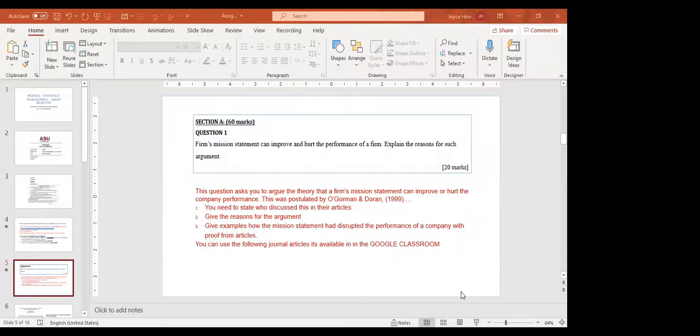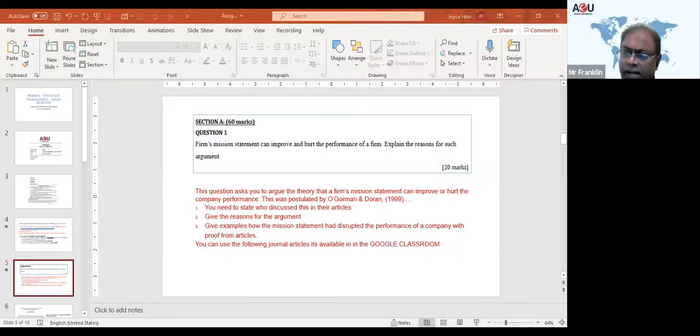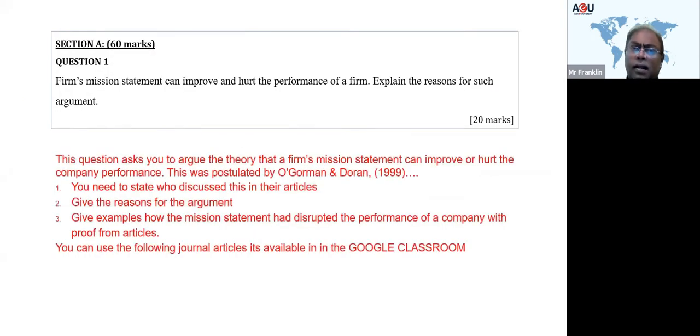All right. Thanks. So now let's look at this question, how you go about doing this question. Question one is: a firm's mission statement can improve and hurt the performance of a firm. Explain the reason for such an argument. So this is the question that we are answering. The first thing in answering a question is understanding the question.